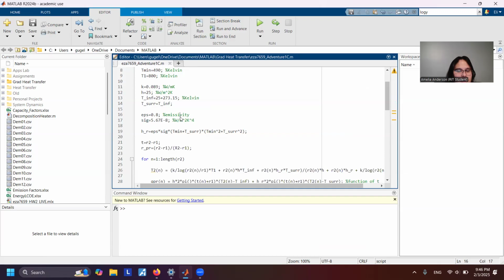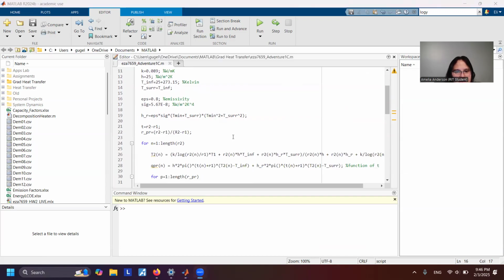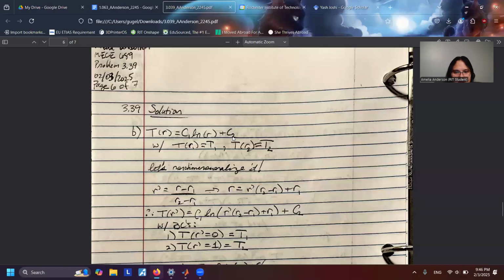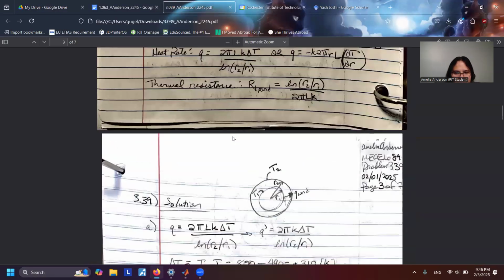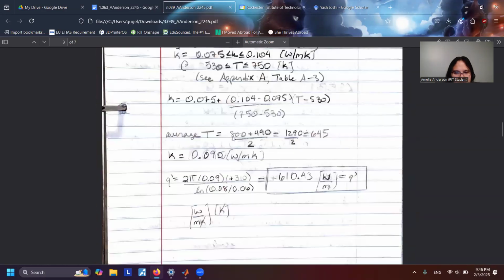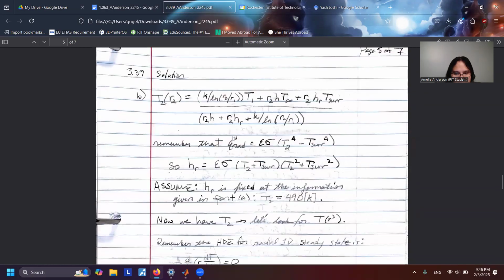We've got the emissivity of our insulation and our Boltzmann constant. We've got H sub R, which we calculated earlier, which is going to be here somewhere. One moment. Nope, that's backwards. H sub R is, as we calculated, right there.